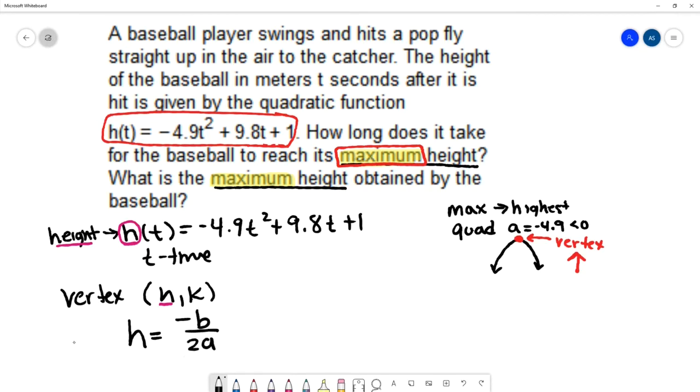So this H right here is not the height. This is just the x-coordinate of our vertex. So this is, actually, it's not even the x, because we're not using x in our equation, it's the t. So this stands for time.